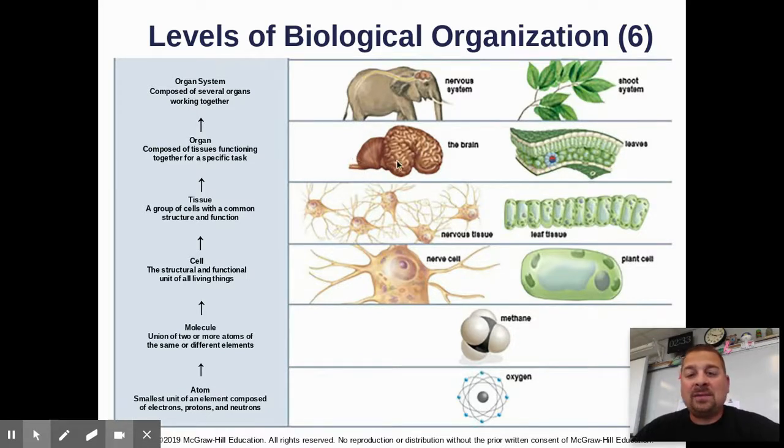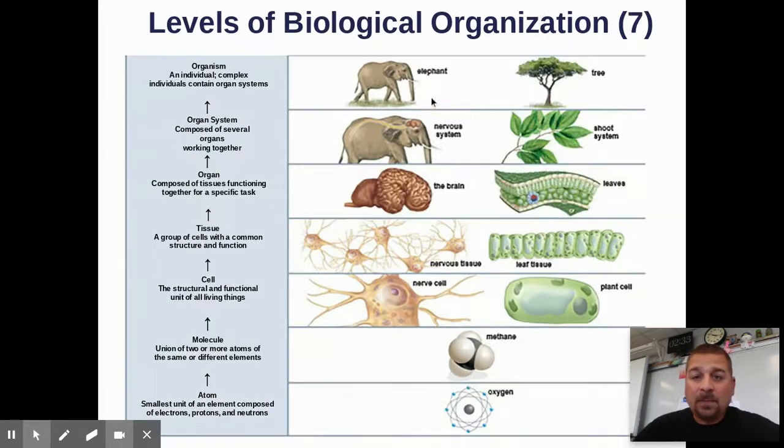You have different organs that make up the digestive system, the nervous system, or the different organs of a plant, leaf, stem, root, flower, and we put those together to make systems. Root and shoot systems make up the organism, the individual tree, the individual elephant.